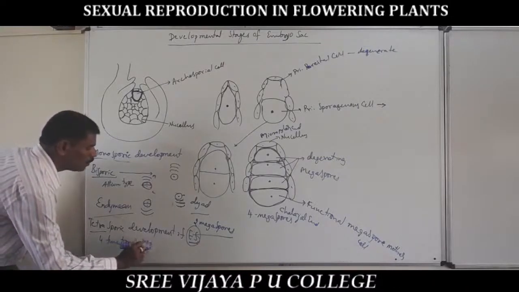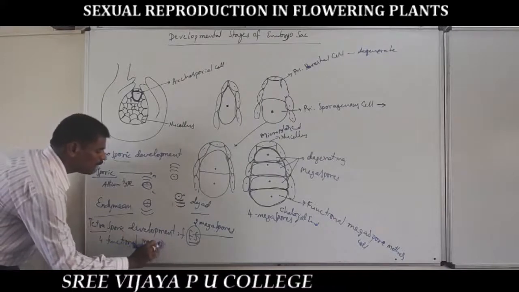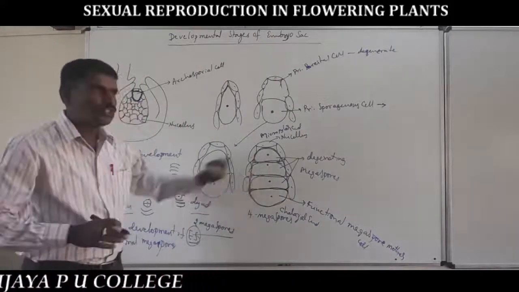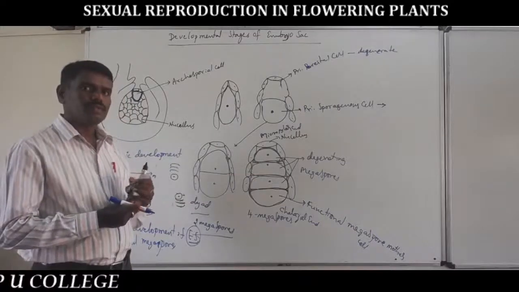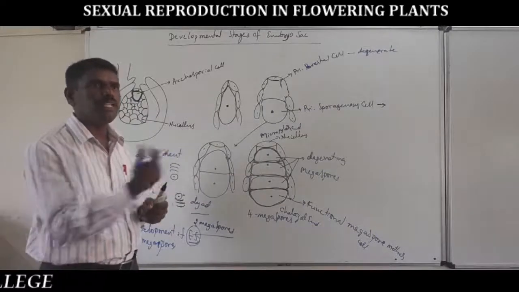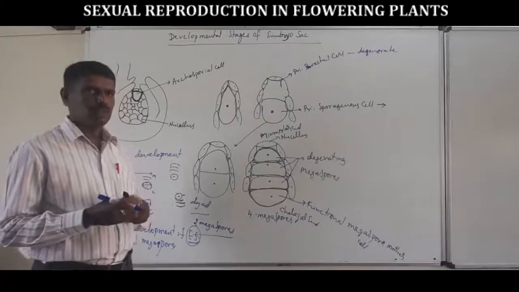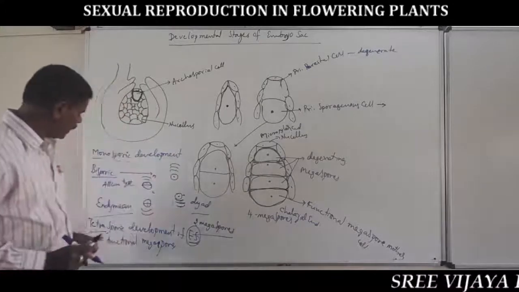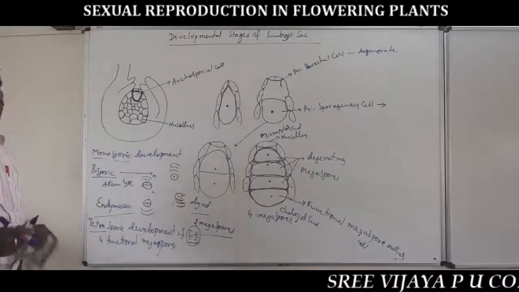That means all the 4 cells here are able to produce a complete embryo sac. For one embryo sac formation, all of them have the ability. So that is what we call tetrasporic development.